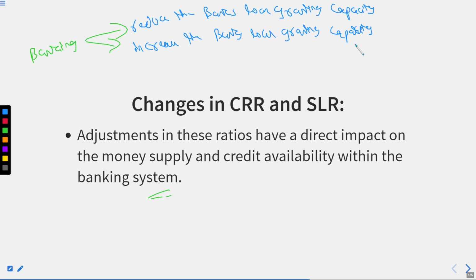Okay. And as we had discussed in the starting of the lecture, the loans is basically the main asset of the bank from which they earn. All right.